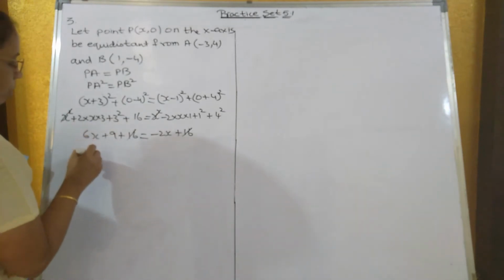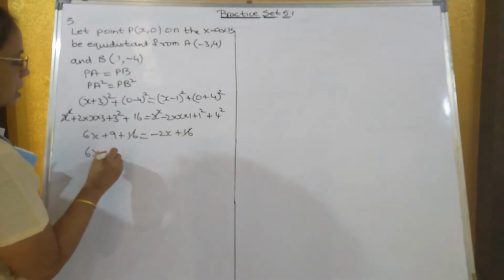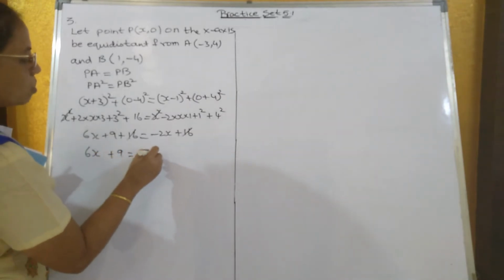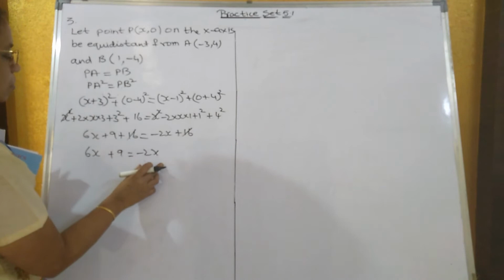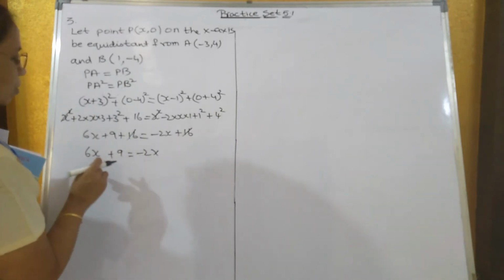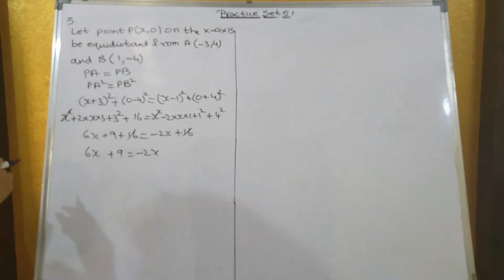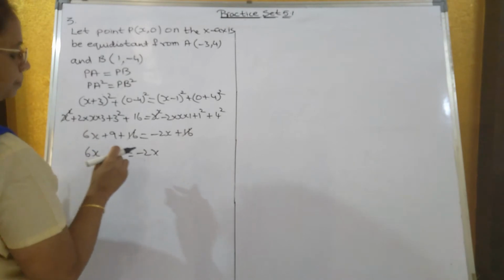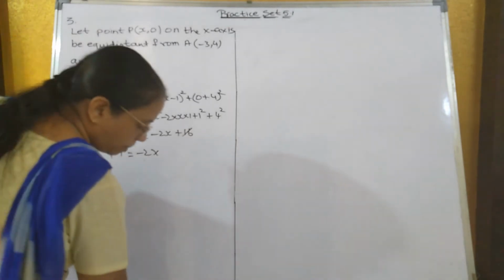So you will get 6x plus 9 is equal to minus 2x. Now bring this minus 2x to the other side and take the 9 to the other side. I'm sorry, I have made a mistake over here.